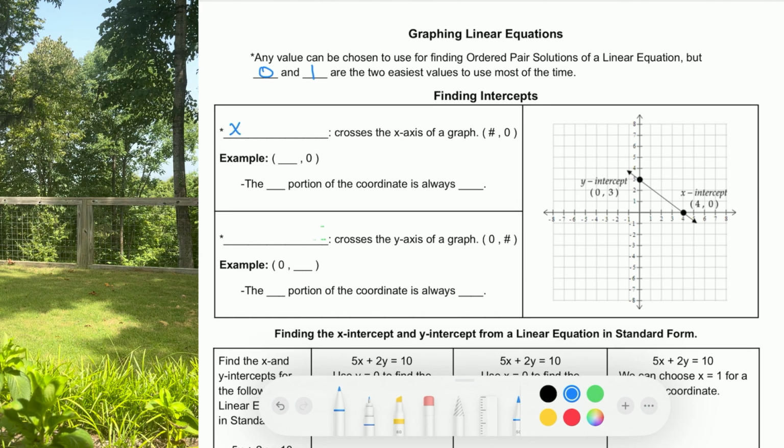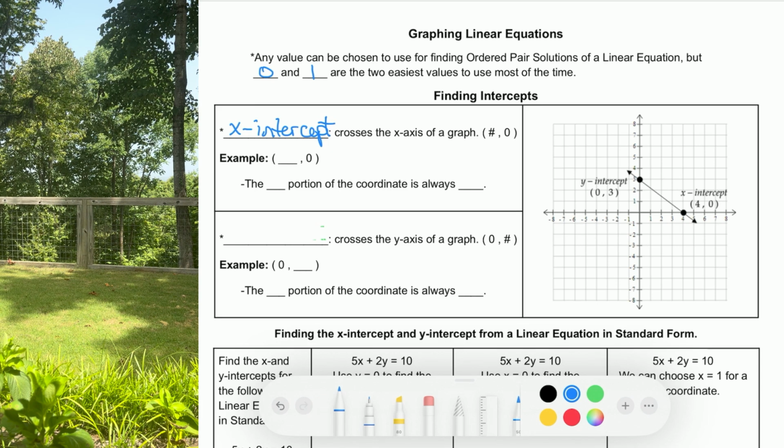Finding intercepts. The x-intercept crosses the x-axis of a graph at a number, 0. So for example, we have this one right here. Okay, so our example is the x value is 4. We went over 4, right?